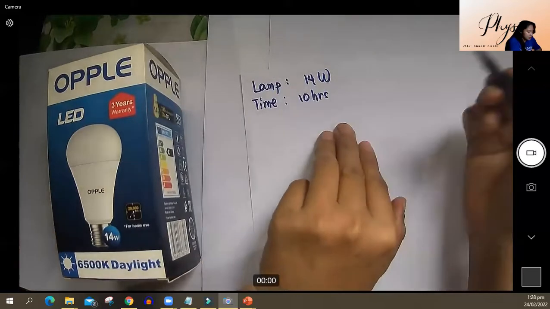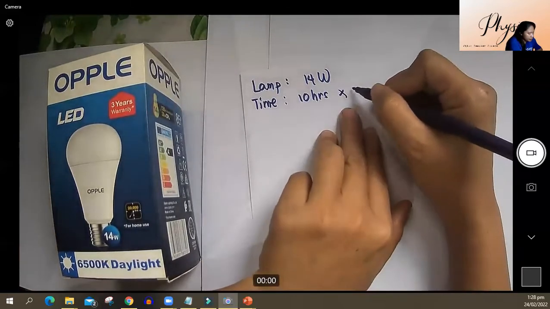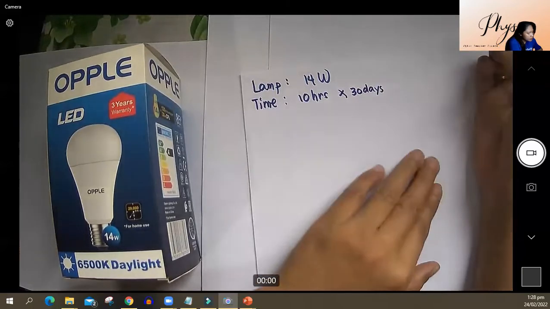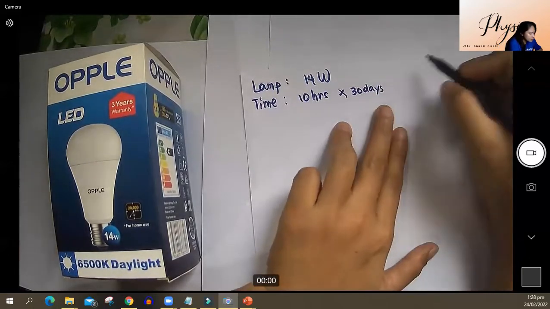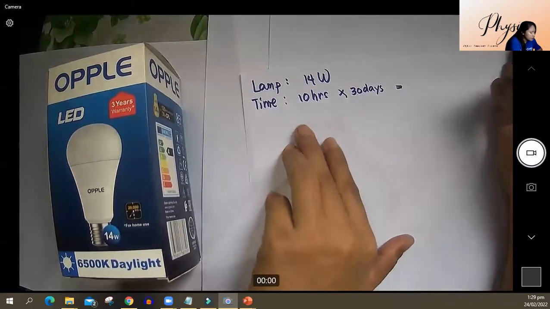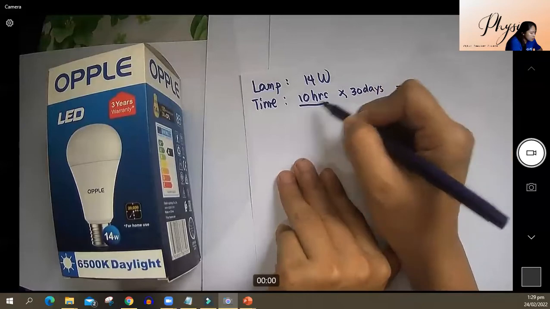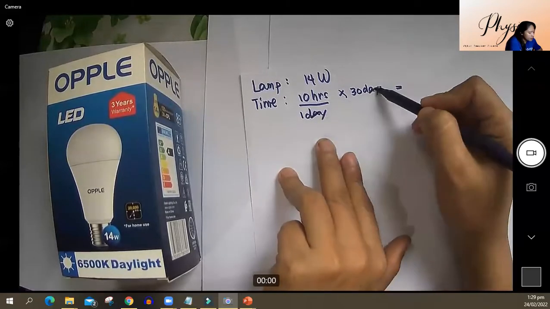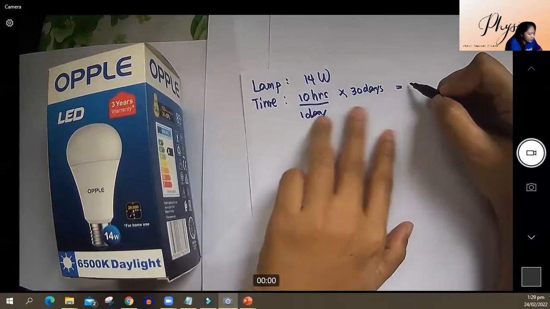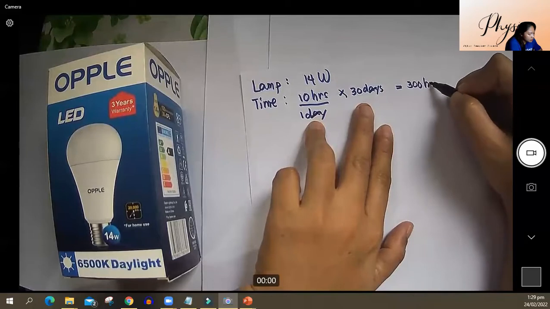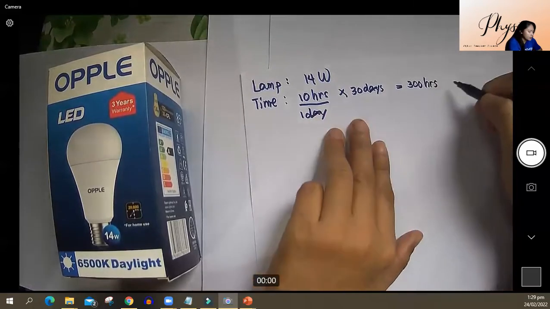But in a month, of course, you multiply that for 30 days. Okay. So in one day, let's just say one day. And so we will have 300 hours in 1 month.